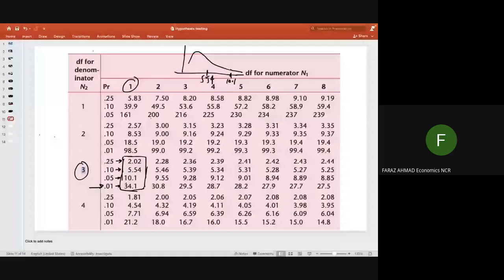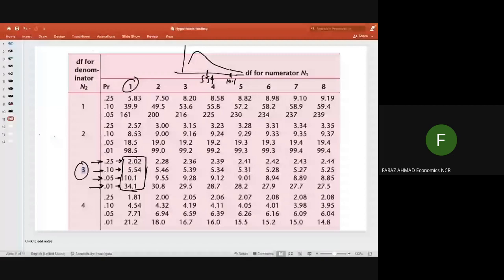If I ask you which one would give a smaller area in the tail, of course the bigger value. The bigger the value is, the smaller the area in the tail, as you can see in these values, right? So it's simple to understand the correspondence between probabilities and the values of the F statistic, because these values are plotted on the x-axis, and probabilities are plotted as areas under the curve, and we can see the correspondence by looking at how big the value is. The bigger the F value, the smaller the area in the tail, right? So it's simple to understand.